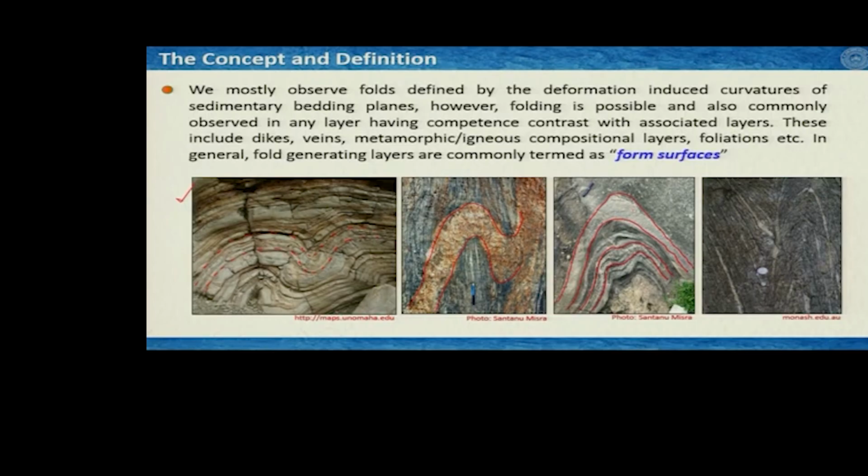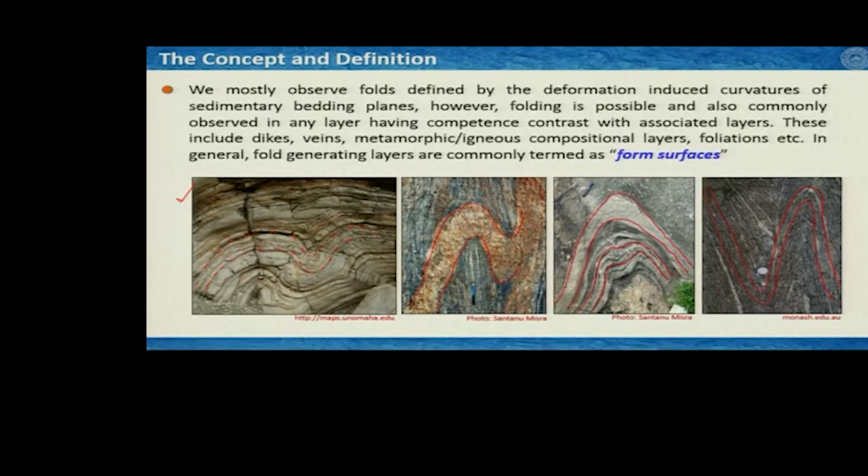And here, we can understand from our previous lecture that this is a continuous foliation, as there is this fold. So, this foliation certainly got folded. Initially it was planar, of course foliations do develop in a planar manner, and then by deformation this foliation got curved, and that is why it now has a folded structure.